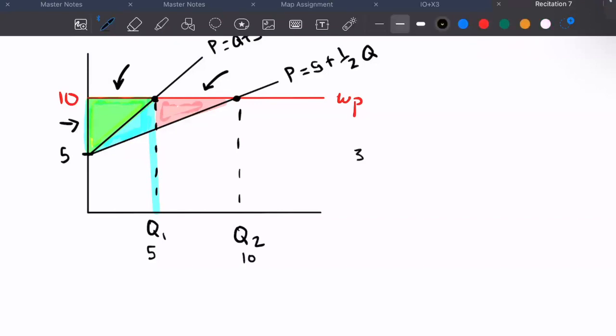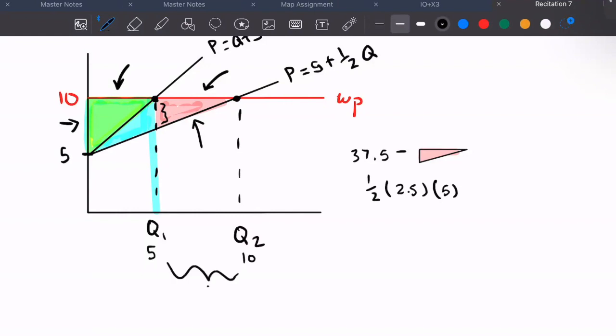So in order to find the area of our total producer surplus, we get our original total producer surplus, and then we subtract the area of this triangle. How do we find the area of that triangle? Well, all we do is 1/2 times the base, which in this case is going to be 2.5, times 5, which would be the height of the triangle.